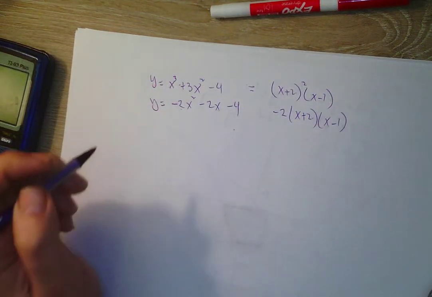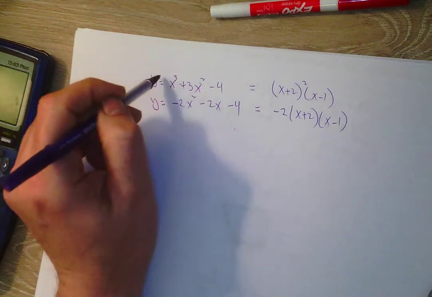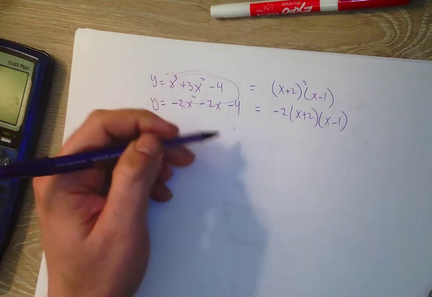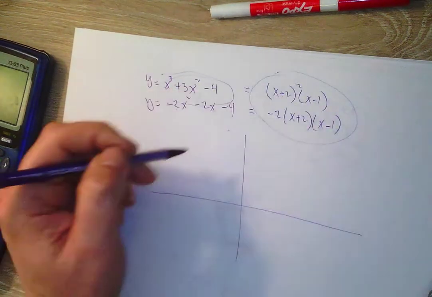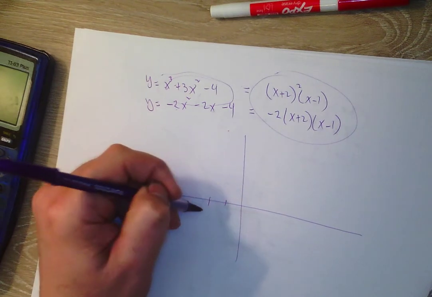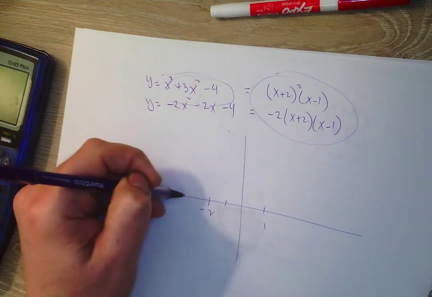Okay, I bring that up because we're going to graph these, and I don't think you'd see something like this on the non-calculator portion where you'd be expected to graph it by hand. I'm going to graph it by hand because I know what it looks like. We've got intercepts at negative 2 and 1. I guess negative 2 should be out here.